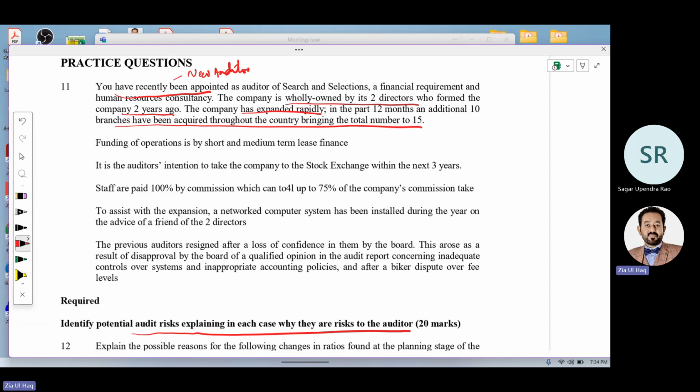Due to early stage weaknesses, misstatements may not be prevented, detected, corrected by the system. We will call it control risk. So from the first paragraph, we have found 2 control risks, 2 inherent risks, and 1 detection risk. How many have you found?